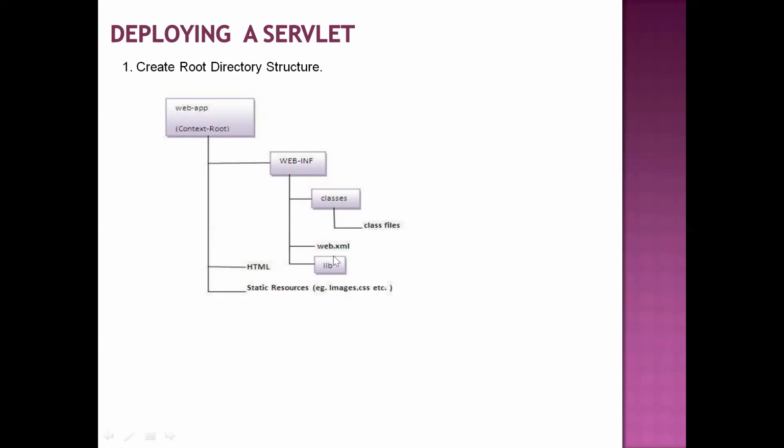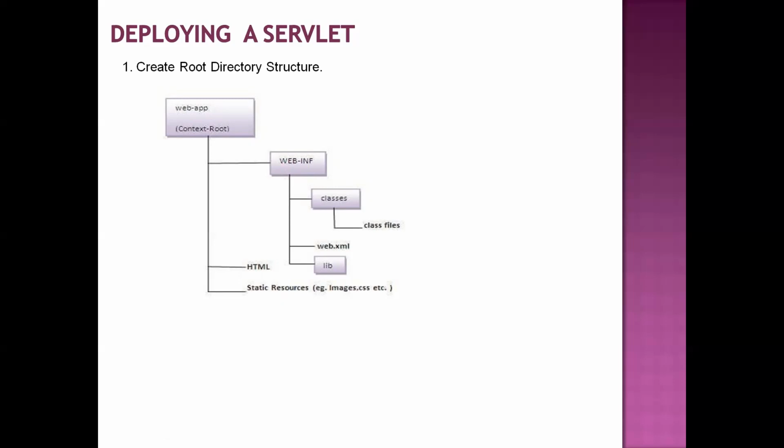Why we need these two folders: whenever you create a servlet program, it is a simple Java program, so we need to compile it before execution. Once you compile the Java program, we get the .class file, and that .class file we need to copy under the classes folder. There is no need to give any source files to the web server; executable files are enough.